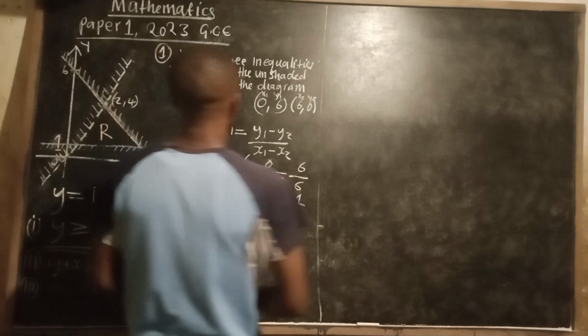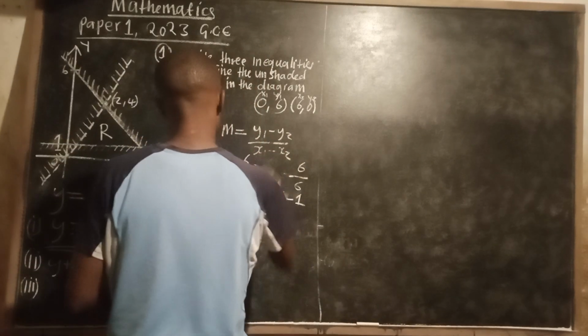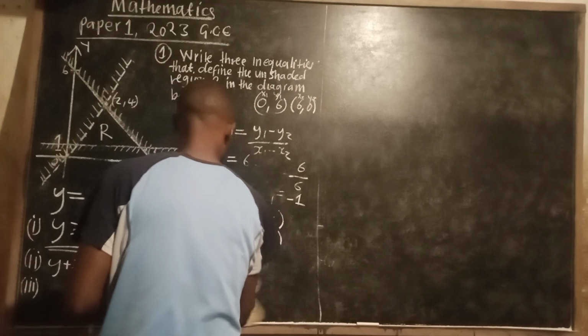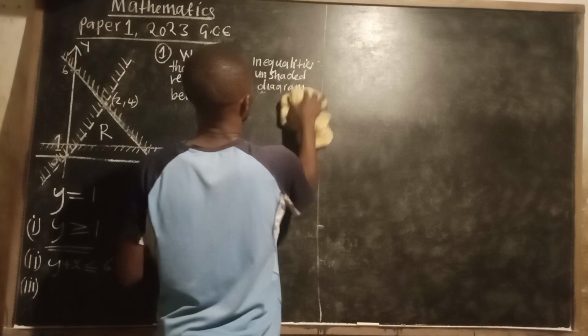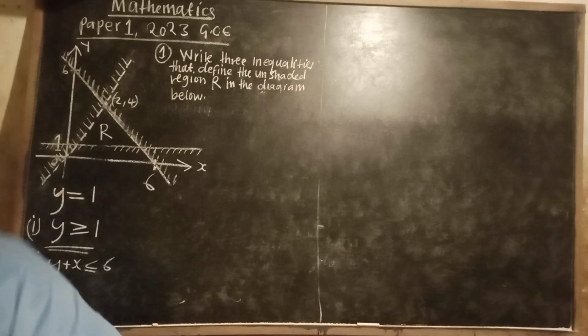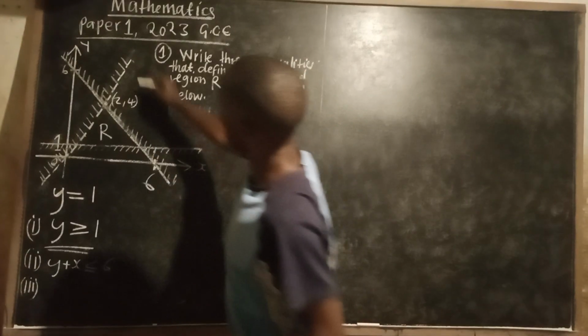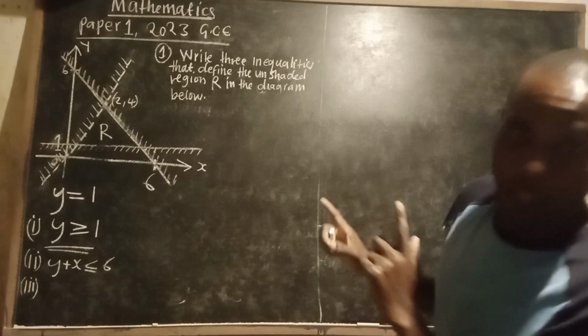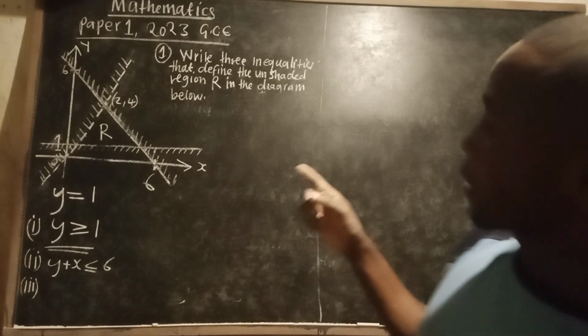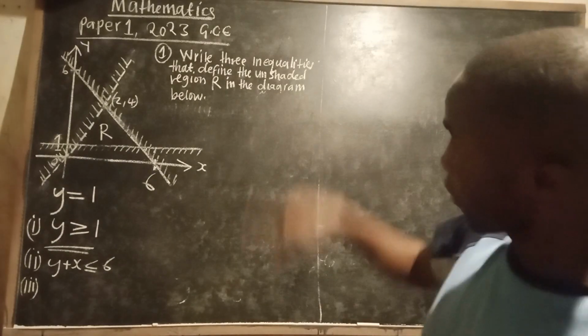The other one, which is actually the last line that we are going to make. The last one. Okay, so this one also, we are here now. So this line, when you look at it closely, you are going to see that that is a broken line. Okay, it is broken.